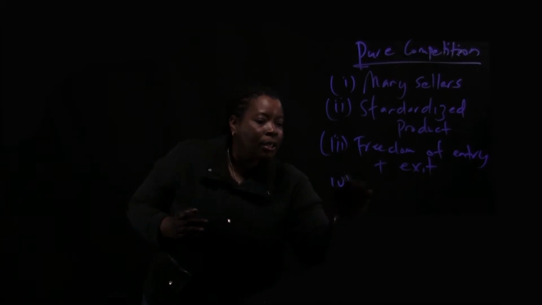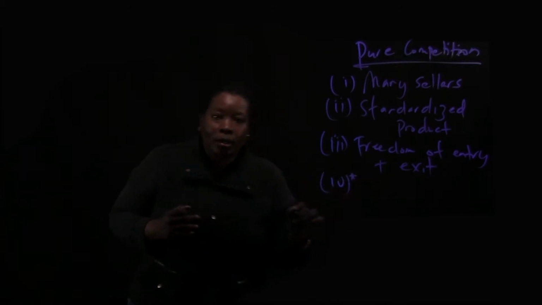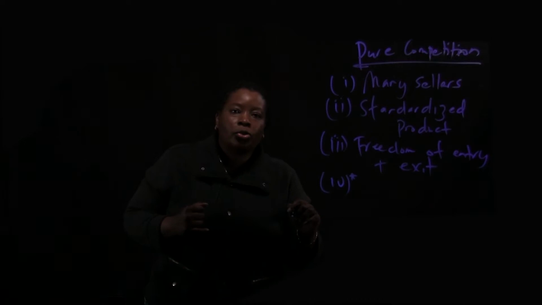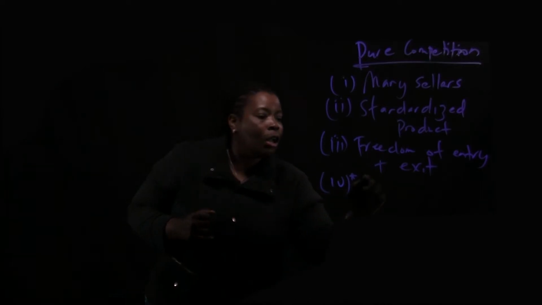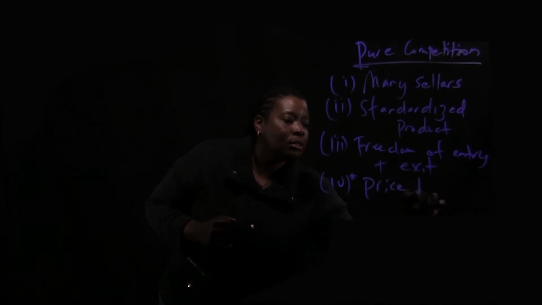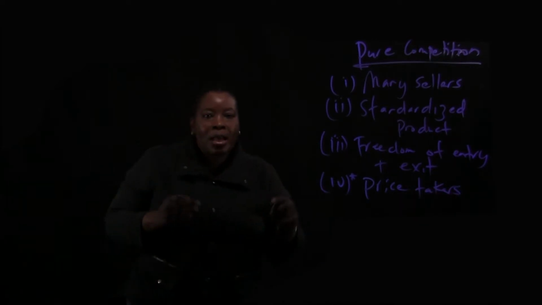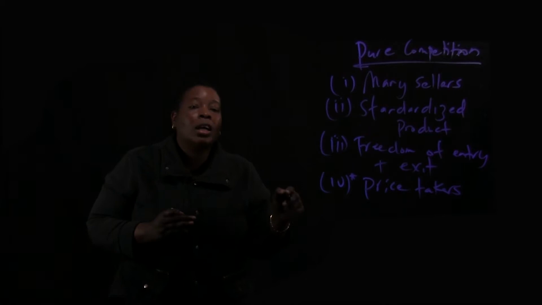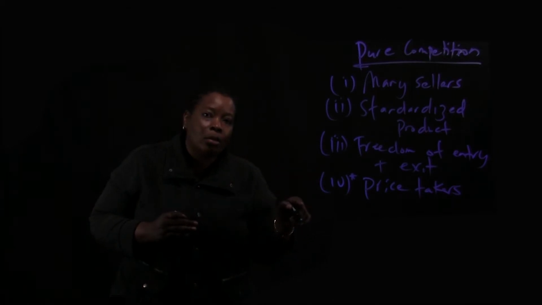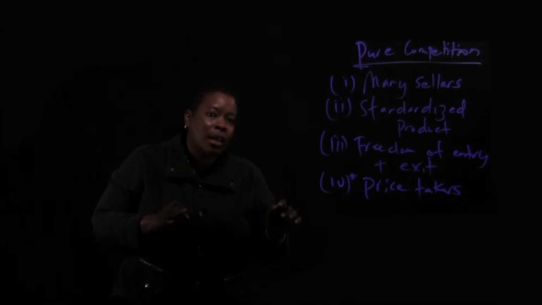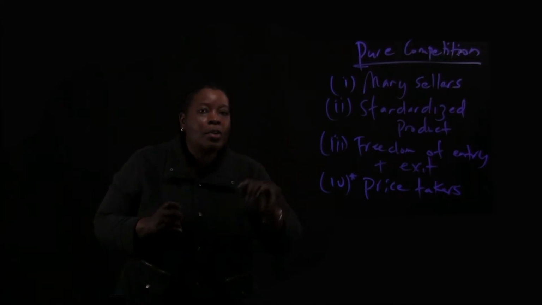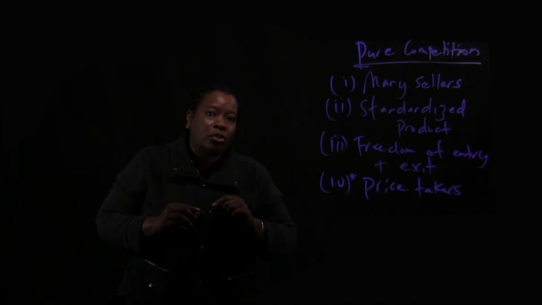And then the last characteristic, which is probably the most important one, in this market structure, the firms are called price takers. And what that means is, whatever the market says, a particular firm will have to accept, specifically as it relates to price. So whatever price is set on the market, an individual firm can only charge that price.